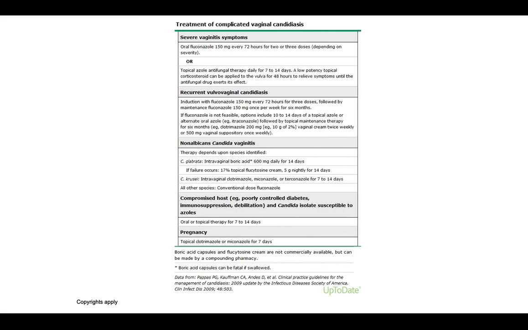With recurrent vulvovaginal candidiasis, the treatment is slightly different. The patient will require an induction treatment and maintenance treatment. Induction treatment is exactly the same as for severe vaginitis symptoms, so it's 150 milligrams every 72 hours, day 1, day 4, and day 7, for 3 doses, followed by maintenance treatment of 150 milligrams of fluconazole weekly for up to 6 months. 50% of patients with recurrent vulvovaginal candidiasis might have a relapse.